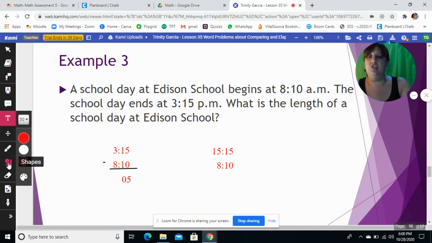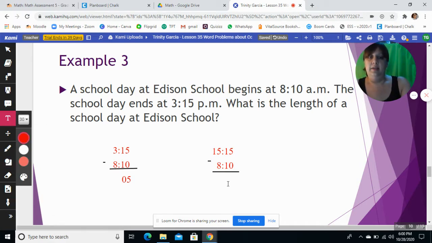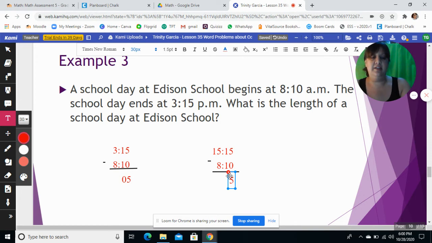All right, let's draw a line and do our subtraction now that we have it lined up nicely and we can do our work better. So we already know this back part, because we did it before. So we have 5 here, and on the other side of the 5 we had 0, and on the other side of the 0 we need to have the colon to show that it's minutes that we're talking about.